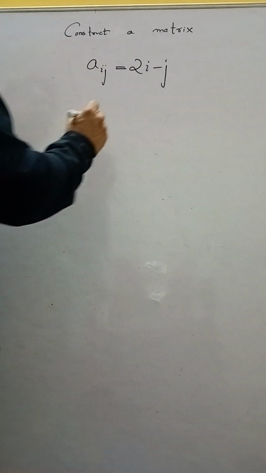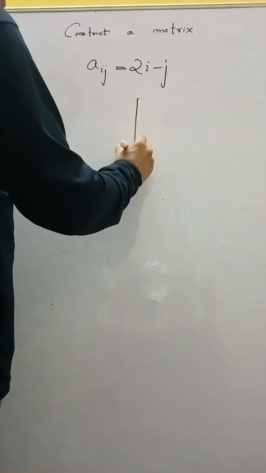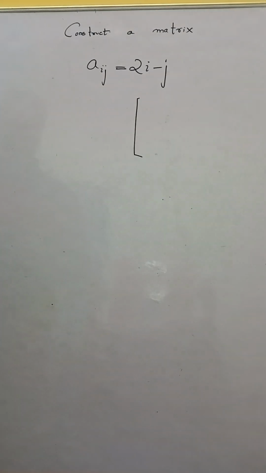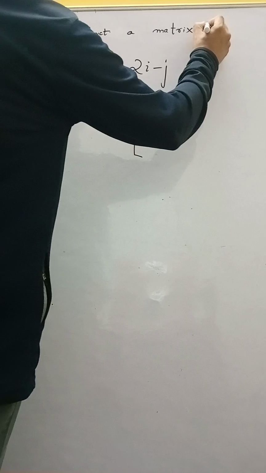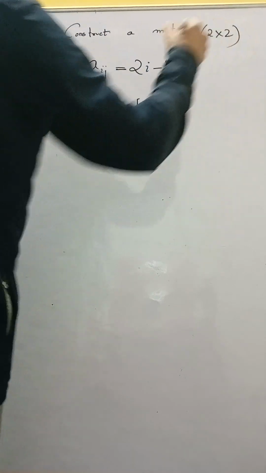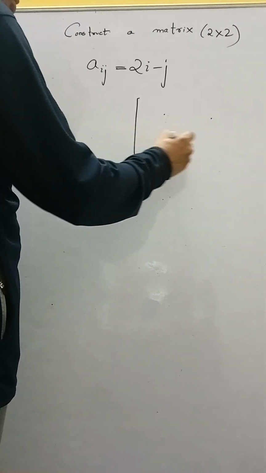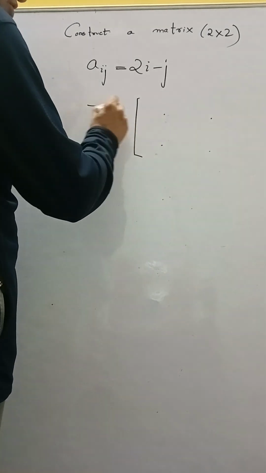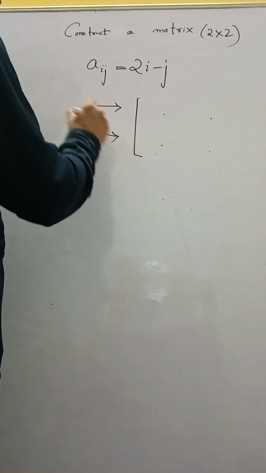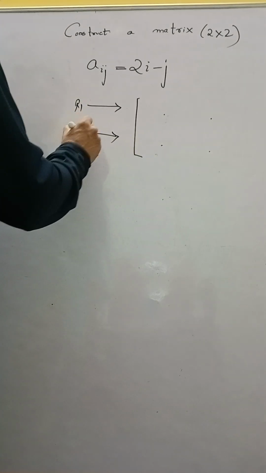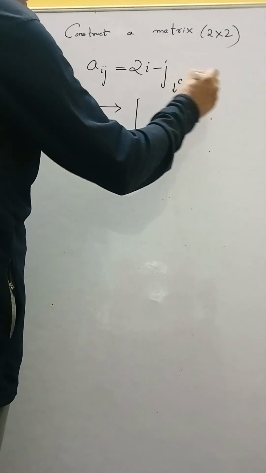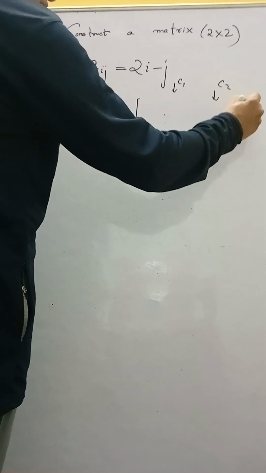Let us understand. Construct a matrix, say it is 2 by 2 matrix. So 2 by 2 matrix structure is this. There will be 2 rows, row number 1, row number 2, column number 1, column number 2.